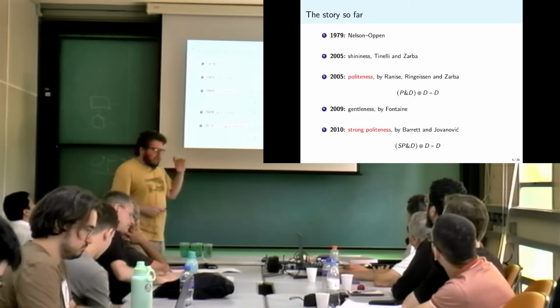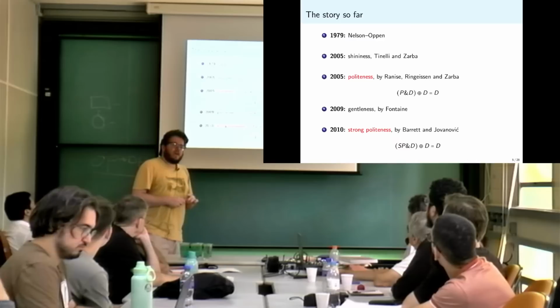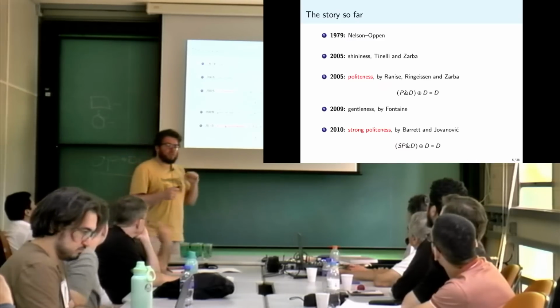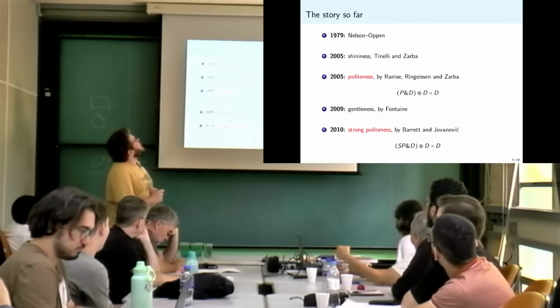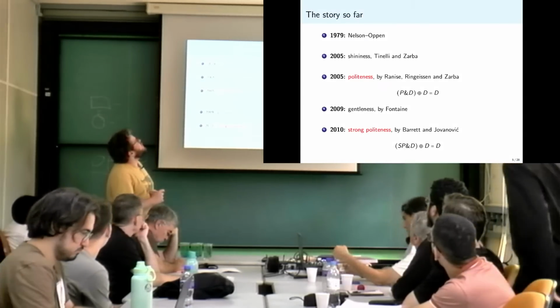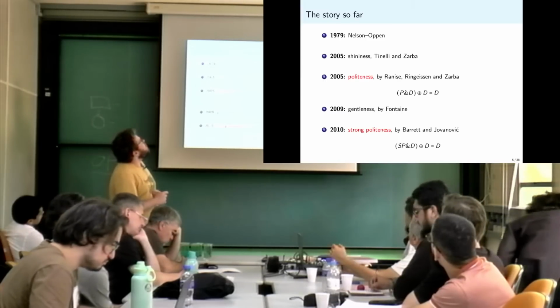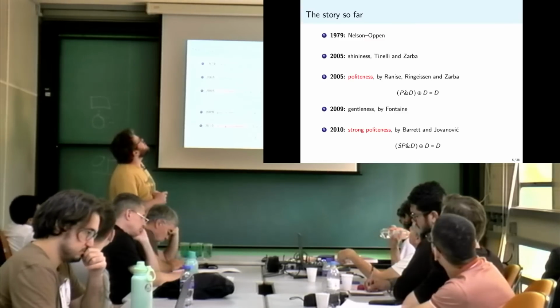So this is actually about a paper we just got accepted that solves a 20 years old open problem. We are very happy about it. So the first method to do theory combination was Nelson-Oppen. Then came shininess, which took a long time. Yes, you can notice that.